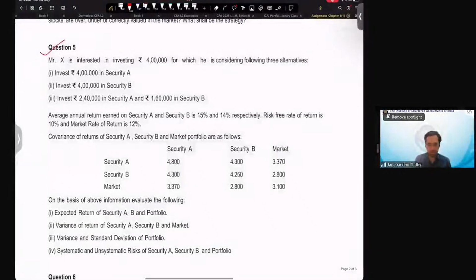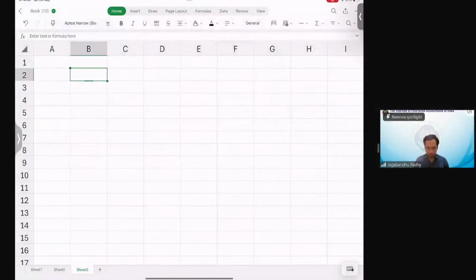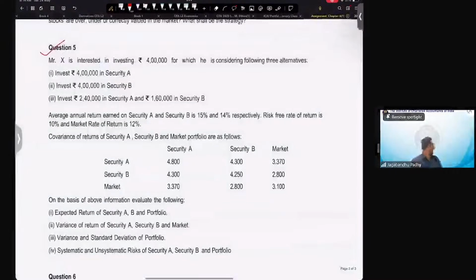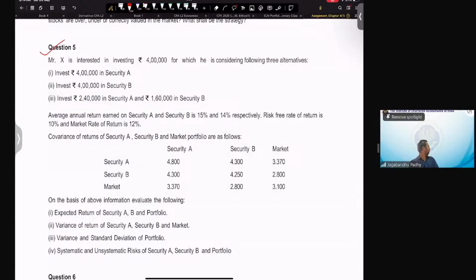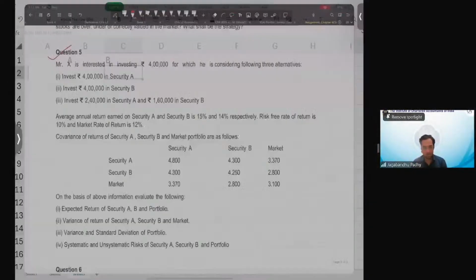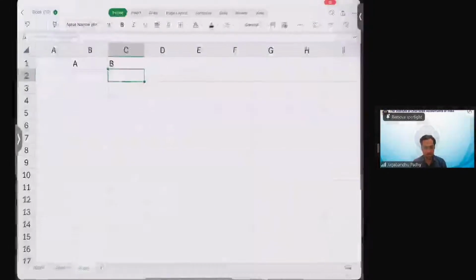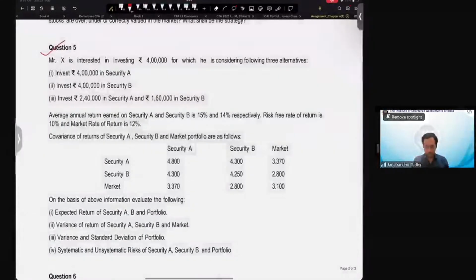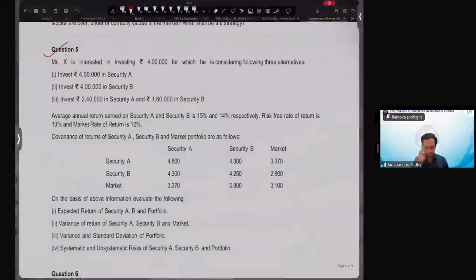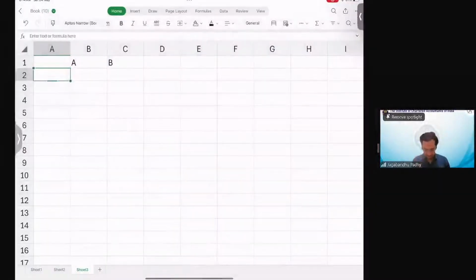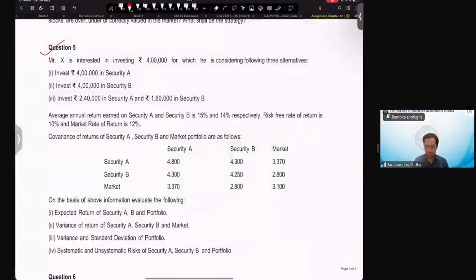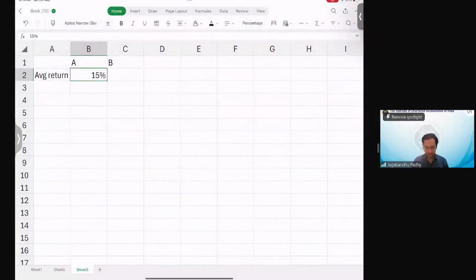Let me first write down the data. Security A, security B. Then we have the average annual return. Average returns are 15% and 14% respectively.